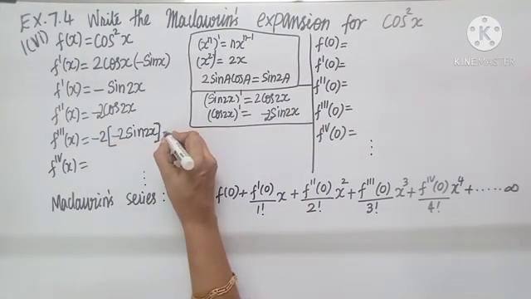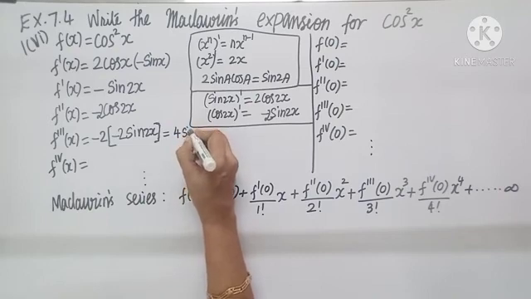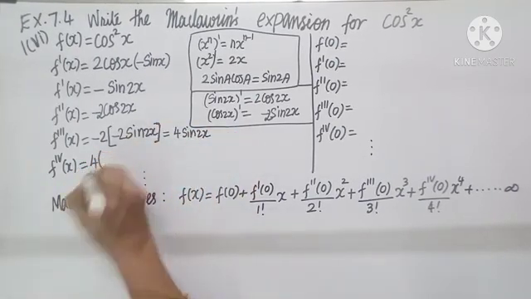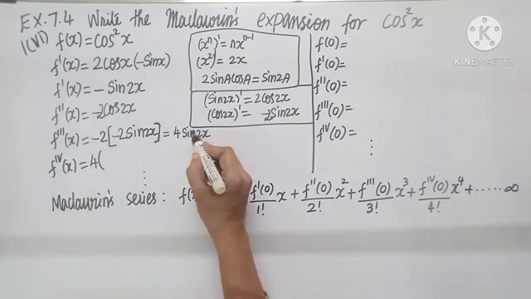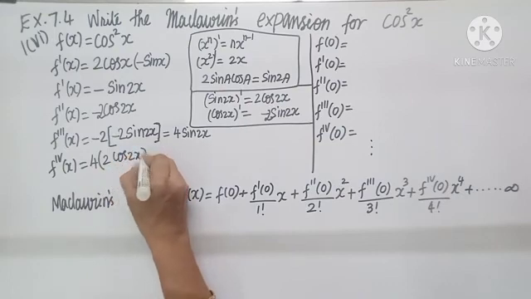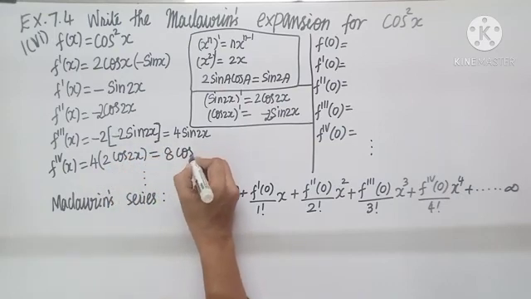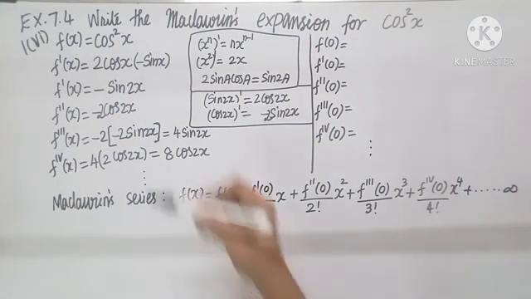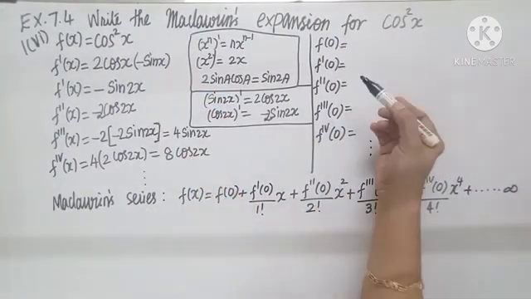If I multiply, it is 4 sine 2x. The next step, 4 comes as it is. Again sine 2x, sine 2x will become 2 cos 2x, which is 8 cos 2x, and the derivatives go on and on. Wherever x is coming, put 0.